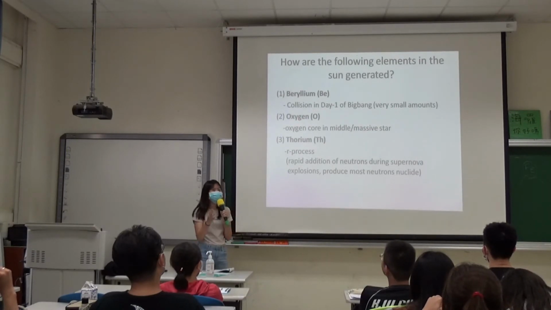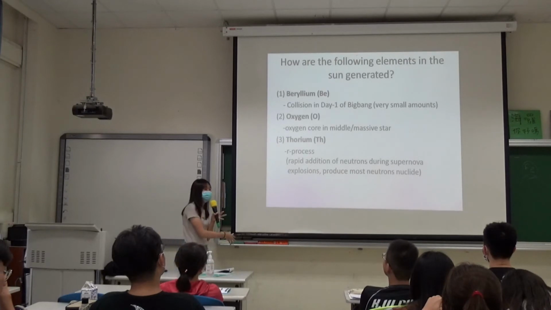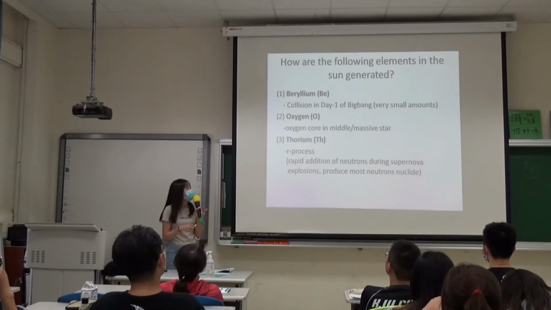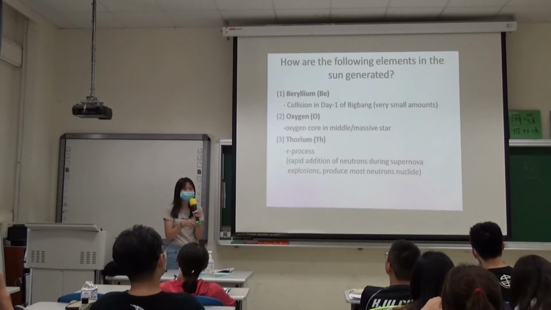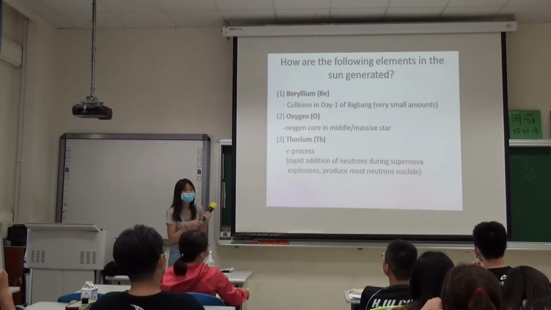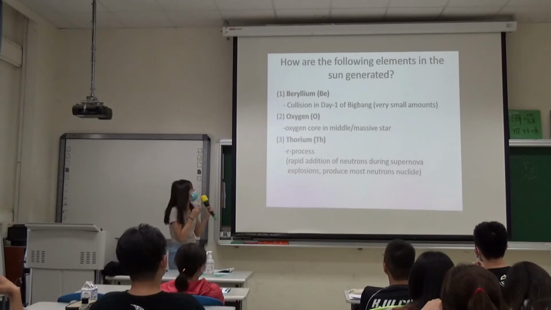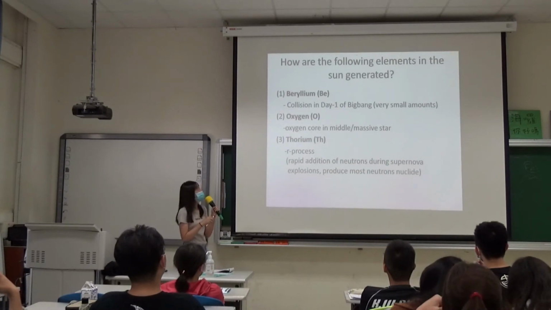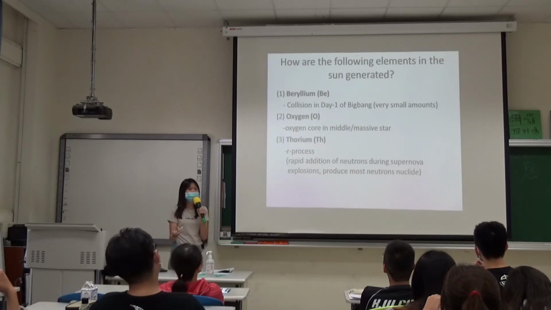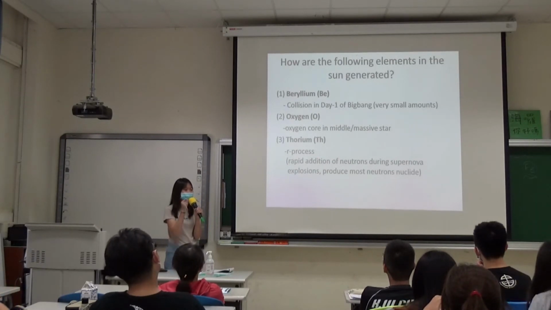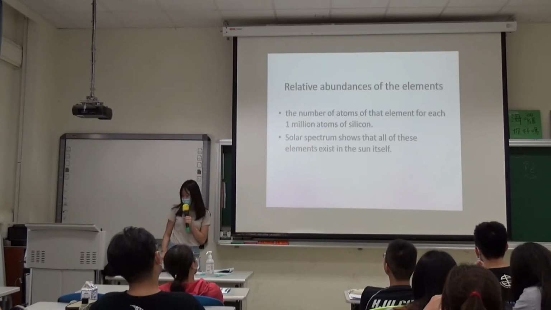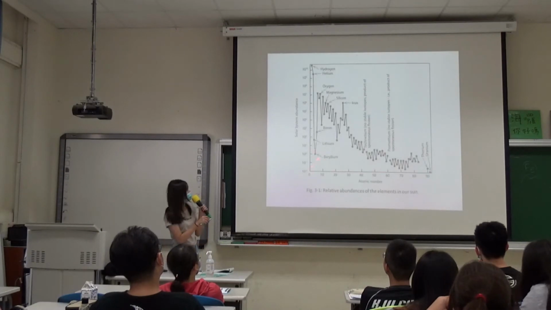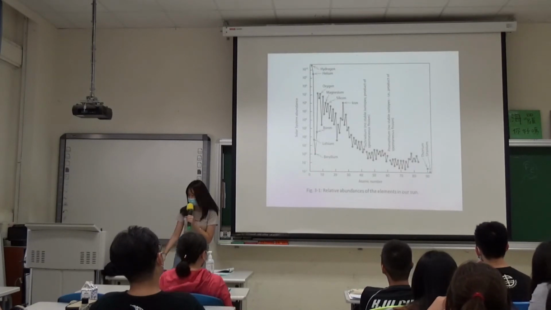The Big Bang produced a lot of hydrogen and helium, and then with a very small probability, lithium, beryllium, even carbon occur, but in very small amounts. So we can see that beryllium in the graph is also in a very small amount.